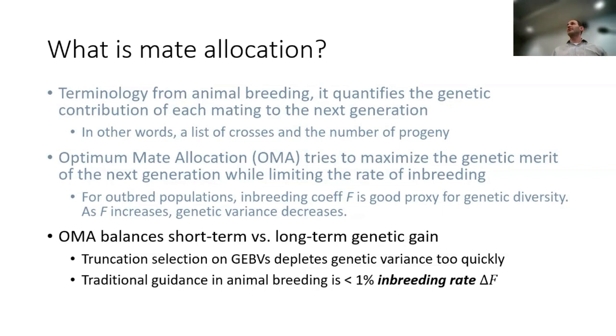They've developed some guidance, and a typical number you'll see in the animal breeding literature is about 1% inbreeding rate seems to be as fast as you want to go for inbreeding. And there's just decades of experience plus some theory that goes into that. I've done some simulations which seem to actually confirm that's a reasonable target. So that's nominally what I'm going to use for this presentation.